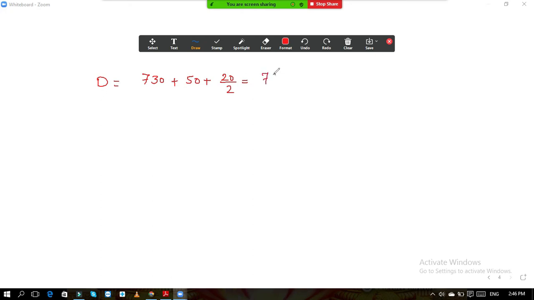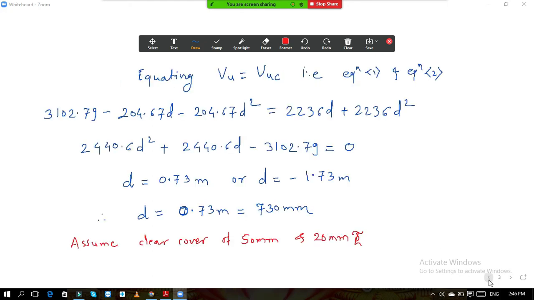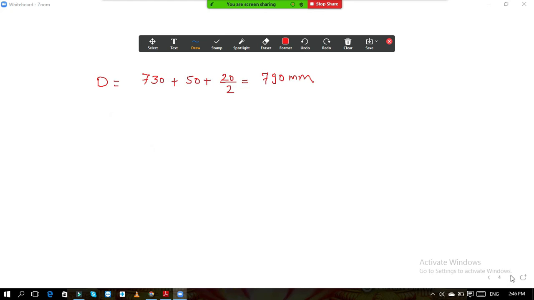So your 790 mm. So this is your overall depth. So we have adopted effective depth as 730 mm, and then our overall depth is 790 mm.